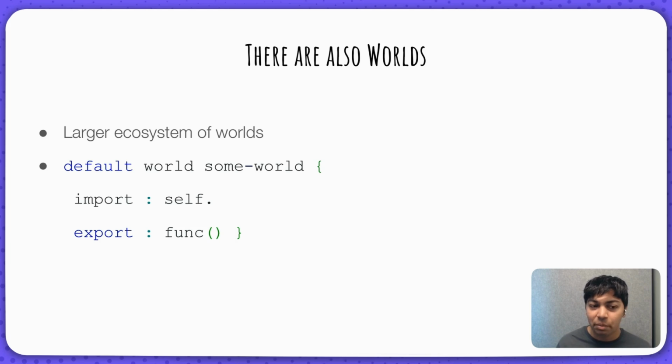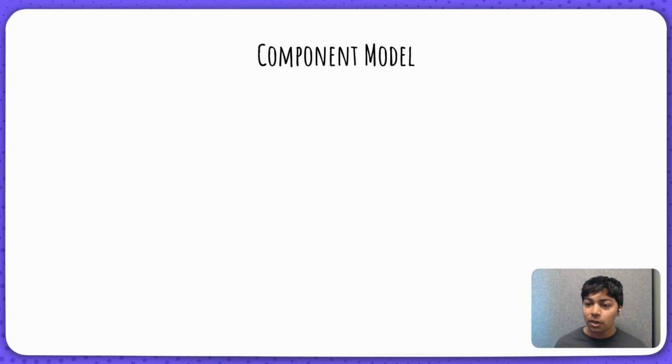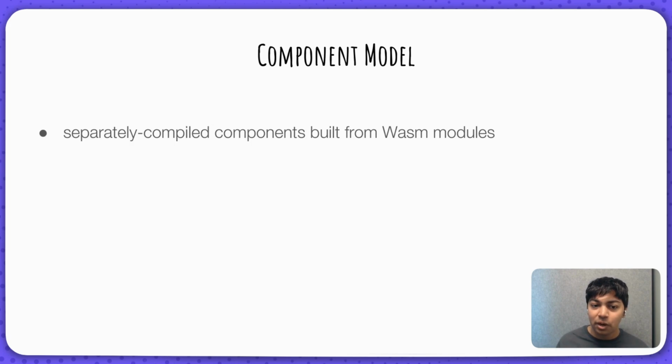We'll have a demo, and we'll also see a code example where this comes into play with WASI, with some core system logic, and so on. So we also take a better look at this. But right now, you can just understand worlds as a better way to put together multiple interfaces and have this larger ecosystem. For better running code in one language and importing it in another, we need separately compiled components built from Wasm modules.